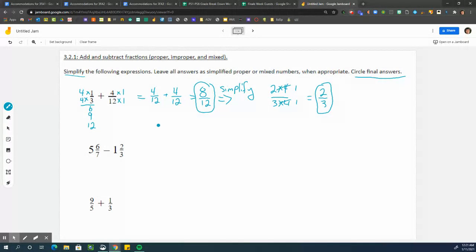5 and 6/7 minus 1 and 2/3. These do not have the same denominator either. So we have to say 7, 14, 21, 28, right? That would be times 4, right? All the way up there. 3, 6, 9, 12, right?